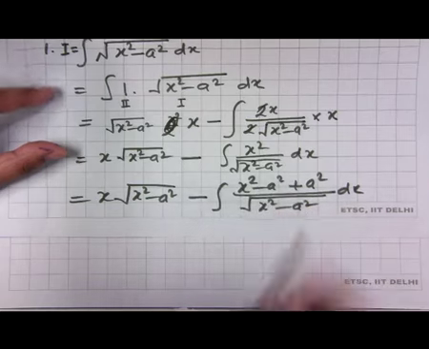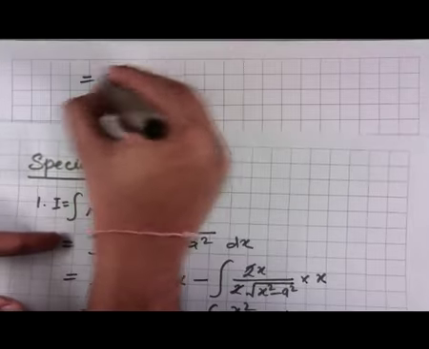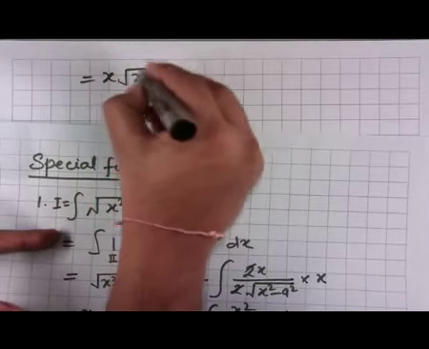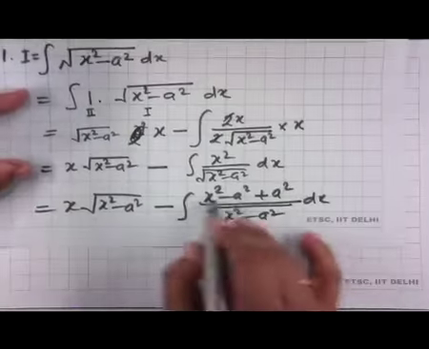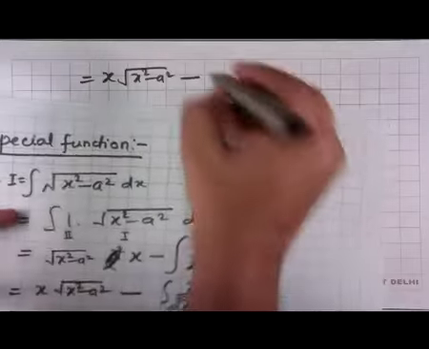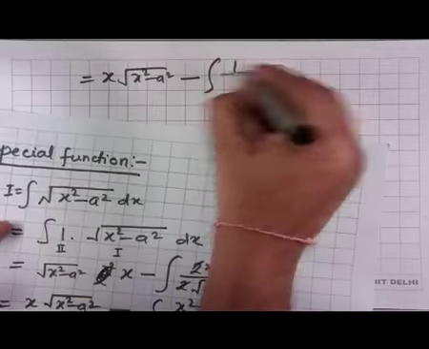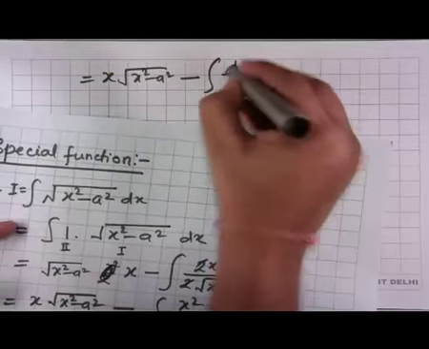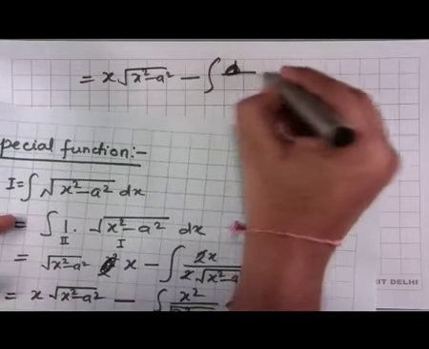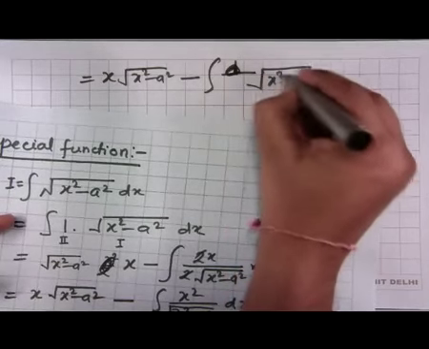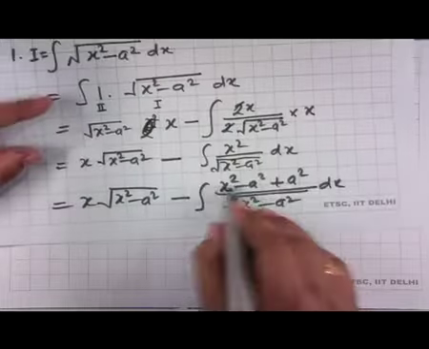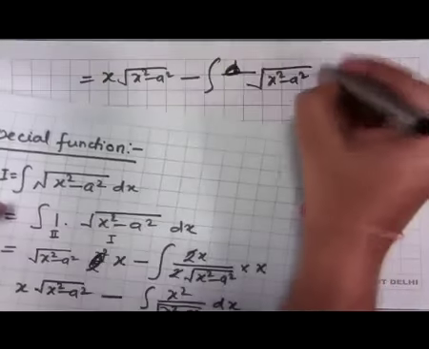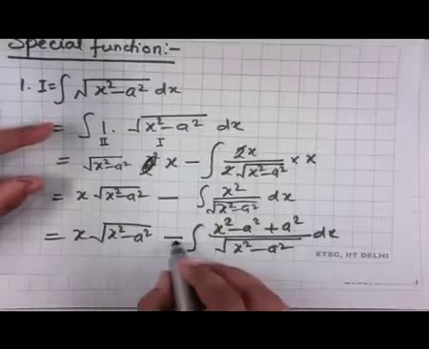So, I will get 2 integral terms here, which will give me the first term x square root of x square minus a square minus the integration of square root of x square minus a square divided by square root of it dx, and this minus goes with this.